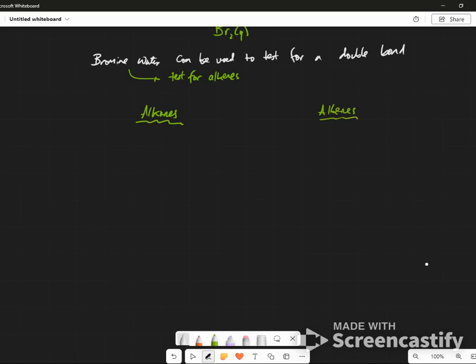The first thing: C3H8 and C3H6. You can see that the one on the left is C3H8, which fits the formula CnH2n+2, and if it fits this formula, it must be an alkane.